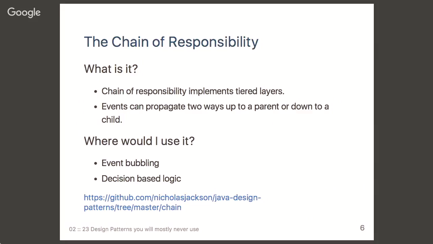And for those who've ever developed any Objective-C, Objective-C is heavily based around this form of pattern, where every object can receive an event, but every object may not act on it. It's its responsibility to determine what it will do.